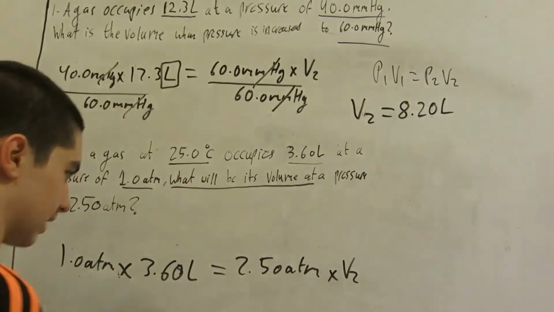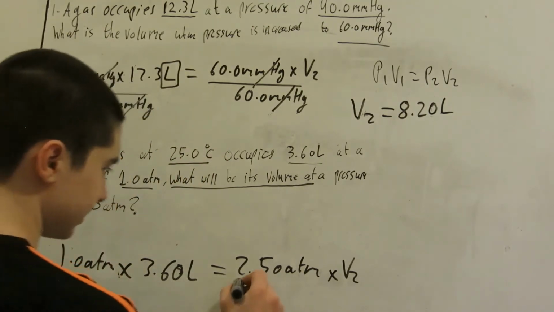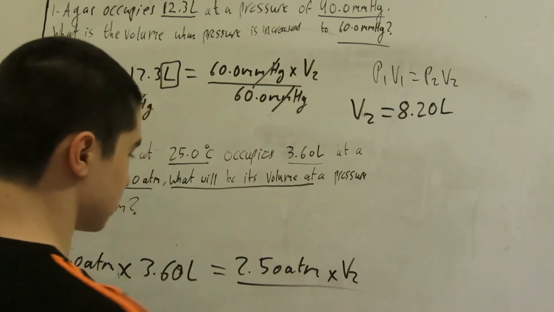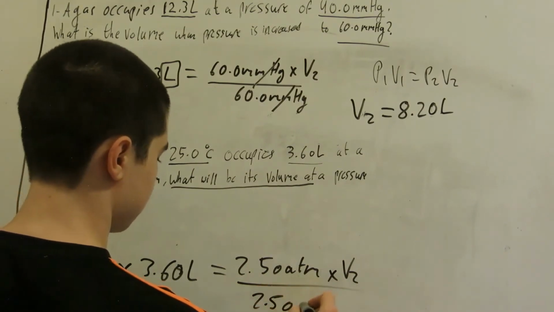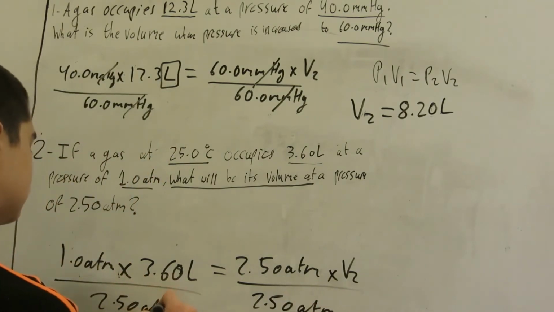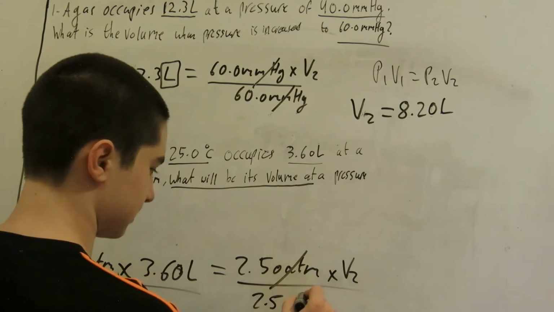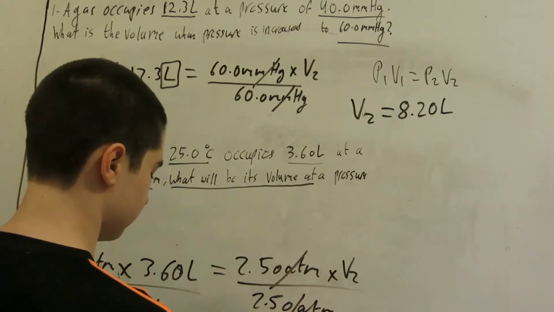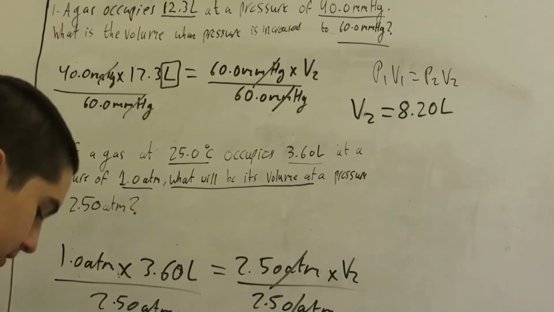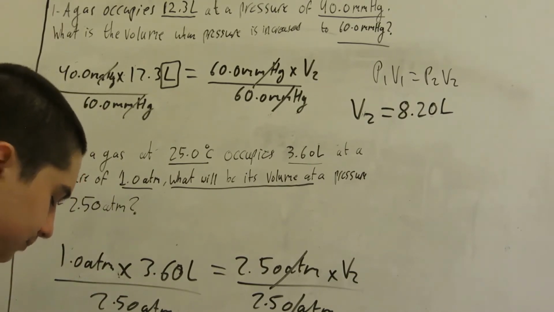Alright, so we start doing the algebraic equation. We want to keep V2 aside so we can know what V2 is. So we write 2.50 atm divided by 2.50 atm. This cancels this out and we're left with V2. Let's do the math using the calculator and check the answer.